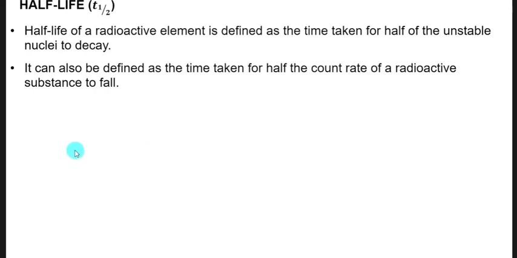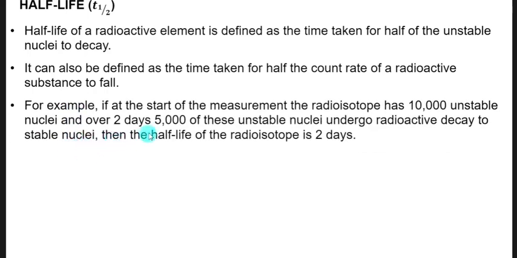All right, so for example, if at the start of the measurement the radioactive isotope has 10,000 unstable nuclei, and over 2 days, 5,000 of these unstable nuclei undergo radioactive decay to stable nuclei, then the half-life of the radioisotope is 2 days.